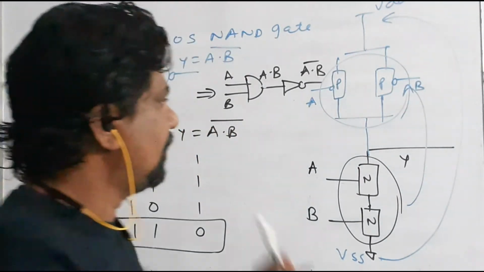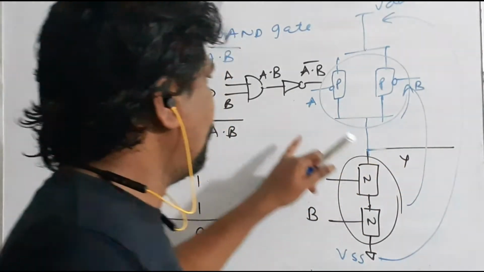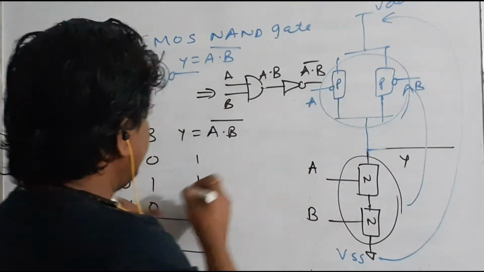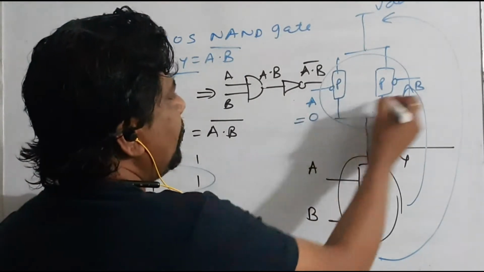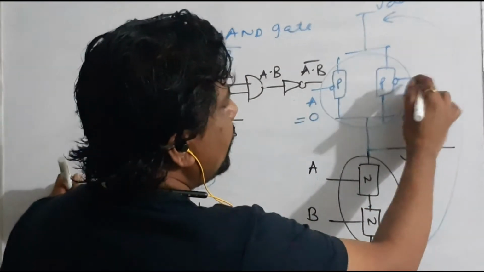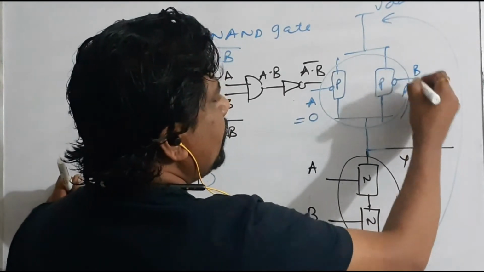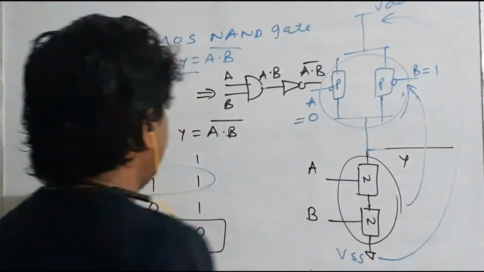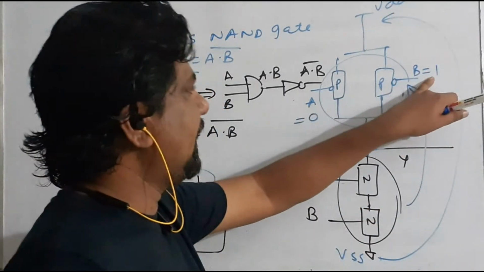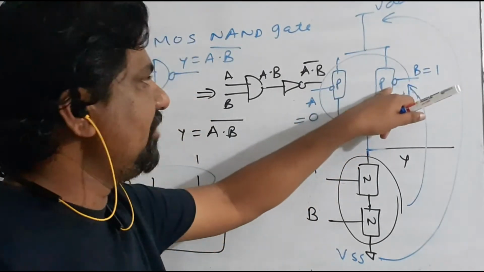Correct? Yes or no? So whenever you now consider any combination, suppose it is 0 1. So A is equal to 0, B is equal to 1. Now B equal to 1 will turn off this switch, because the gate is not enabled.